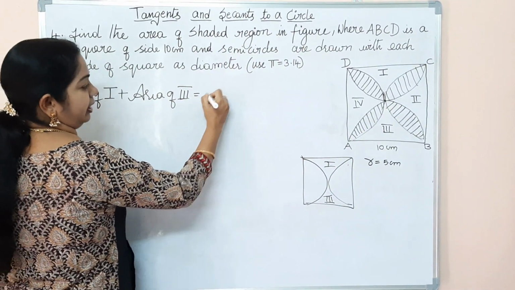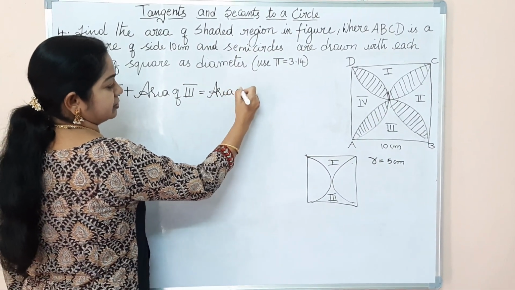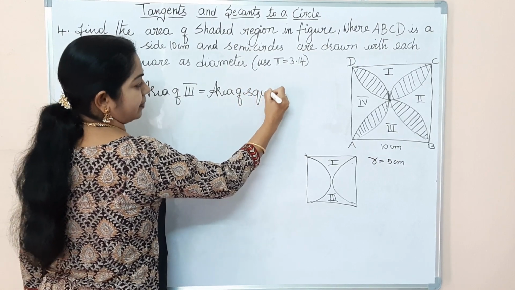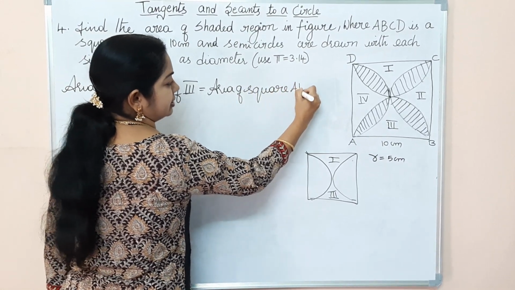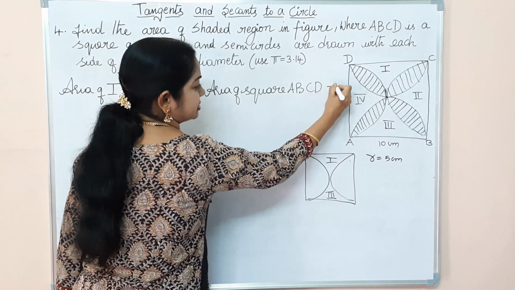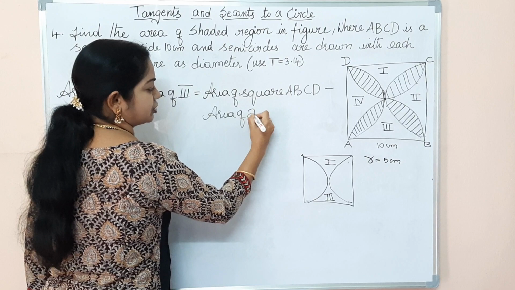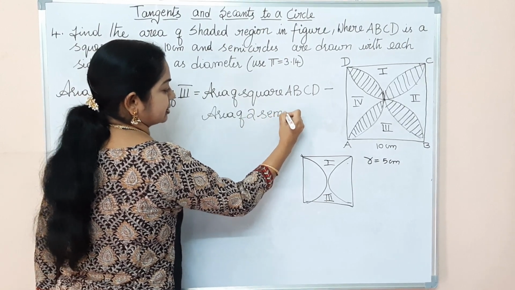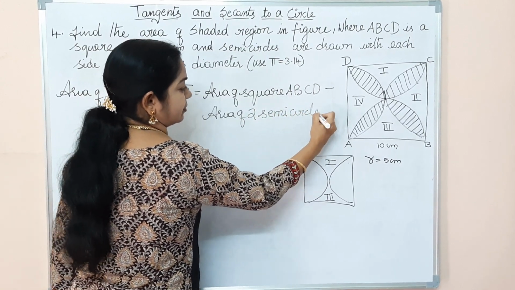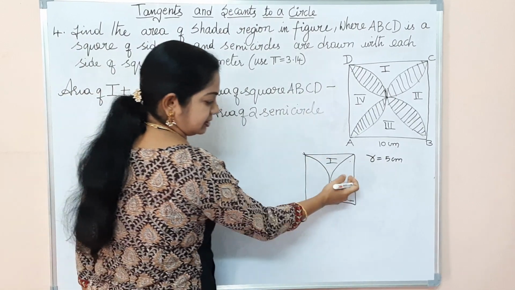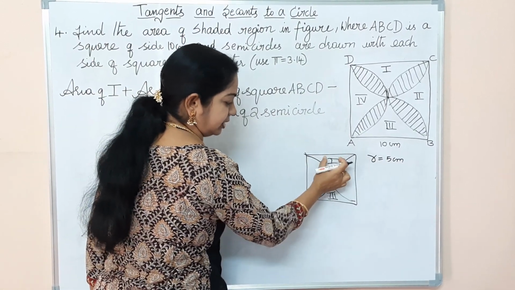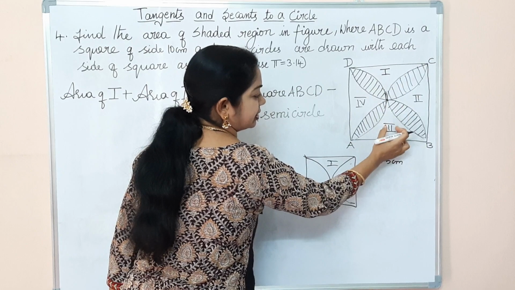So area of the square ABCD minus area of two semicircles. If I remove these two, we get only this part, this unshaded part.